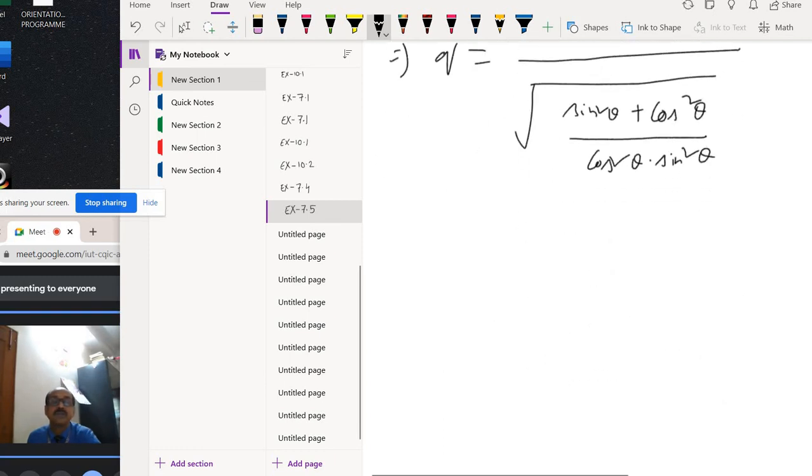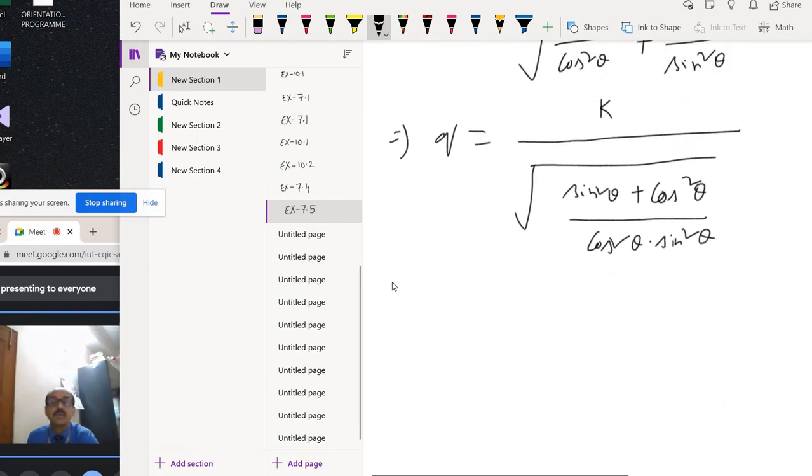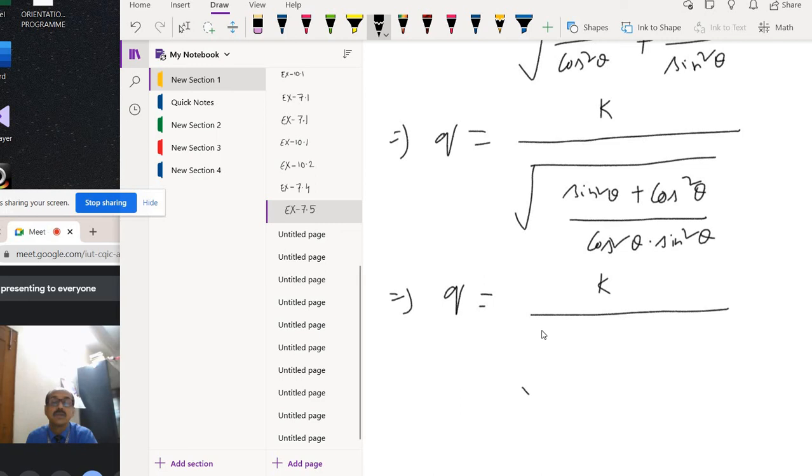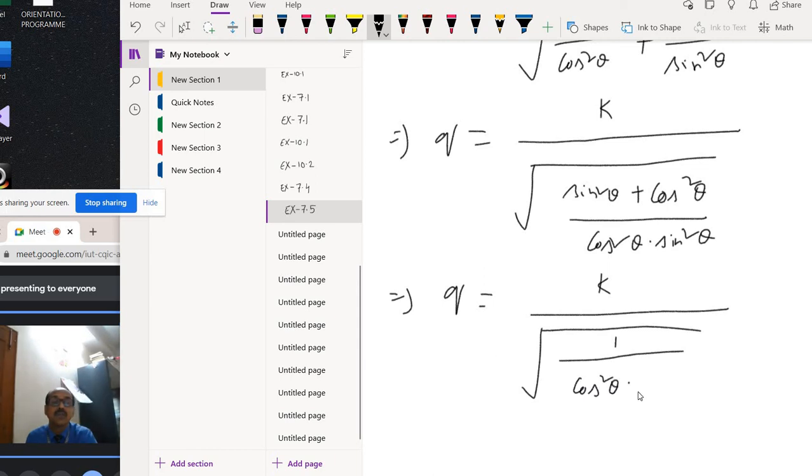Now it will be k by under root 1 by cos square theta into sine square theta, because sin square theta plus cos square theta is 1. So 1 by cos square theta into sin square theta.